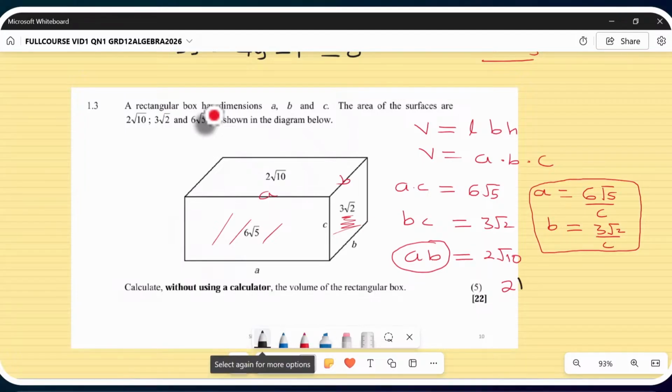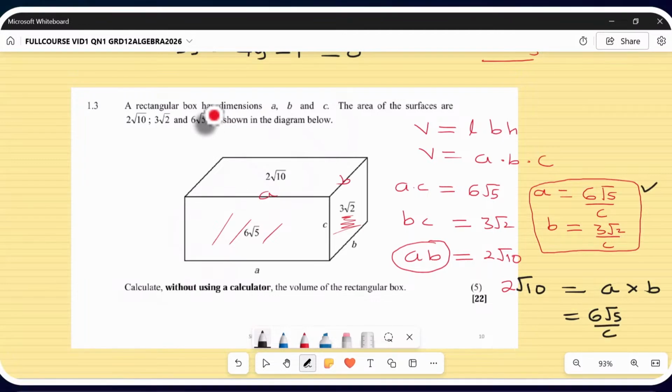Now, what is C times C? You get C squared. So in other words, here I can say 2 root 10 equals 6 times 3, which gives me 18, and then root 5 times root 2, I get root 10, divided by C squared.